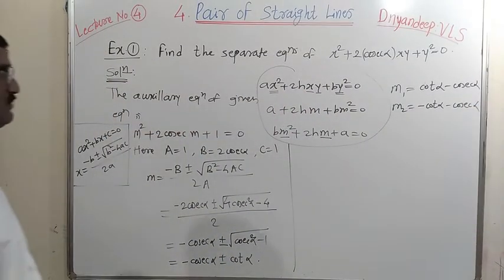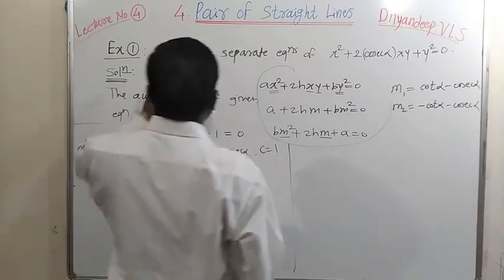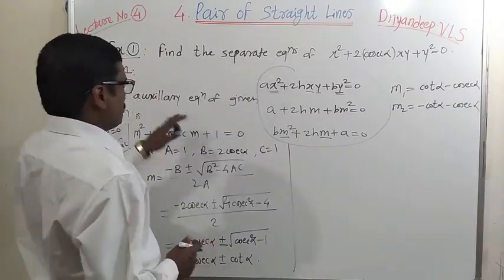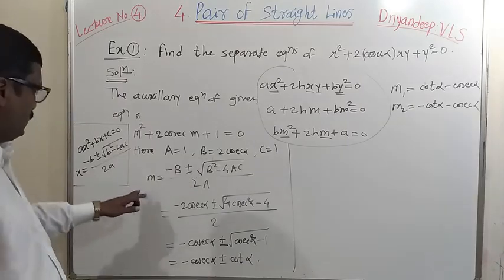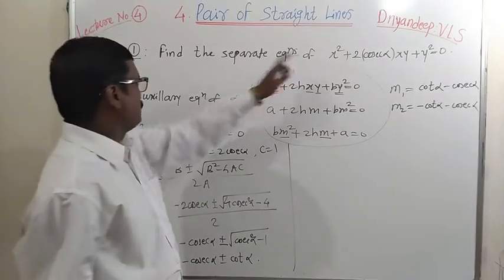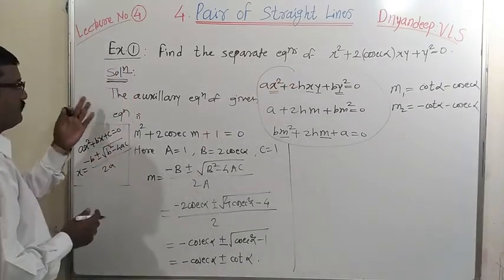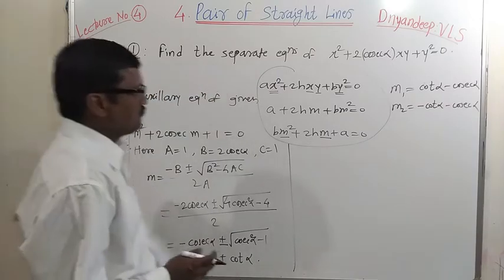Okay, so those are the values of m1 and m2. So the separate equations, because m1 and m2 are the slopes of two lines given by this, you can suppose m1 and m2 are slopes of two lines.